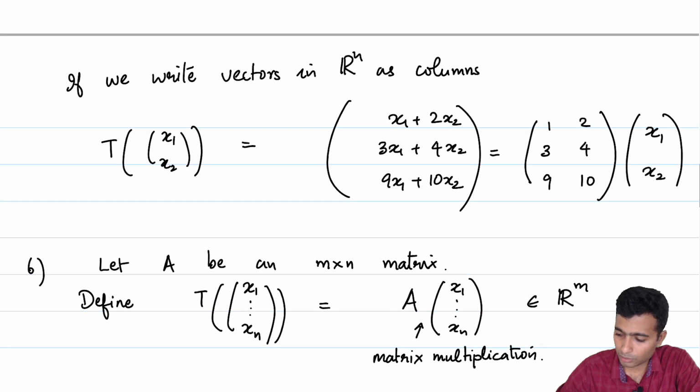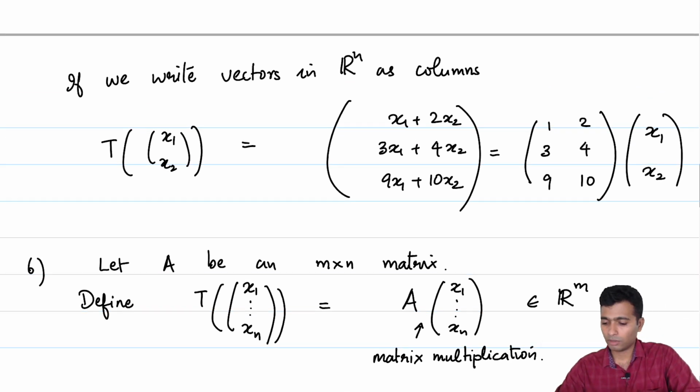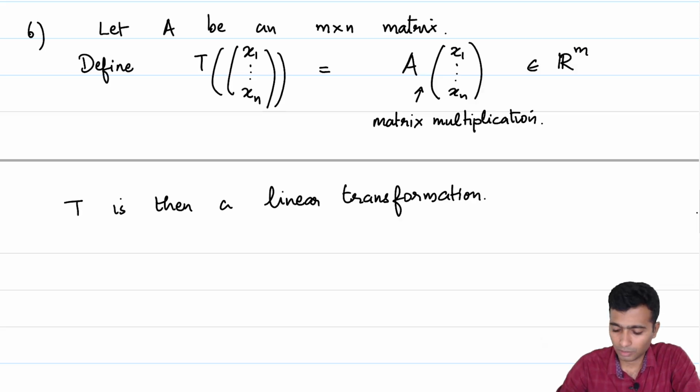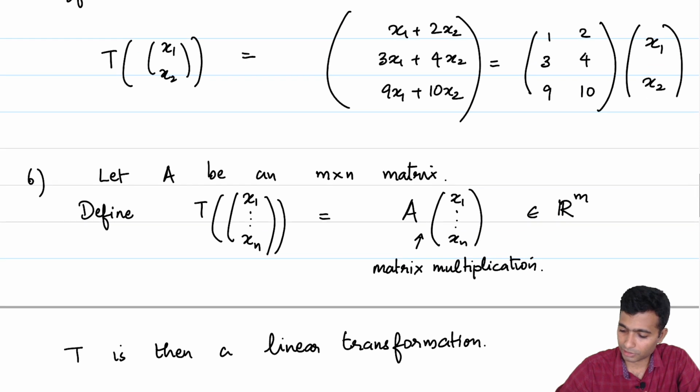The point here is to note that right now we are trying to realize matrices as linear transformations. As I said, later we will see that every linear transformation T can be realized as a matrix. We will come to all that later, but it is crucial to make this observation right now that matrix multiplication is indeed a linear transformation.